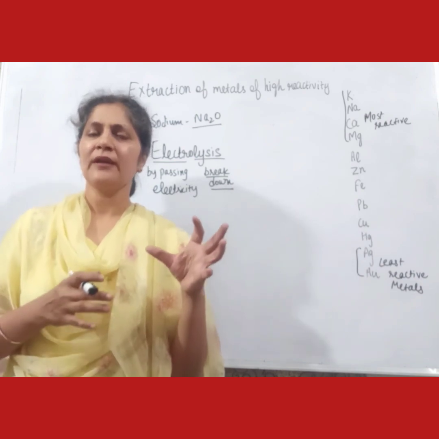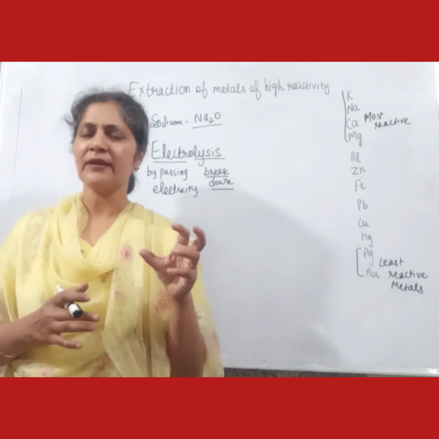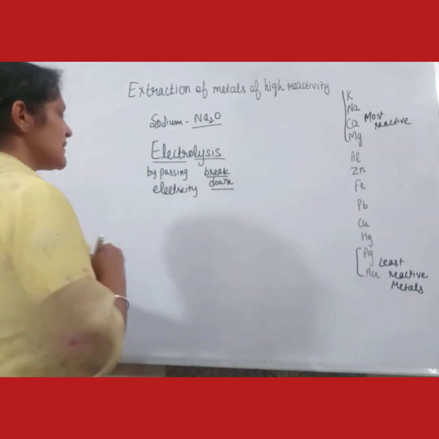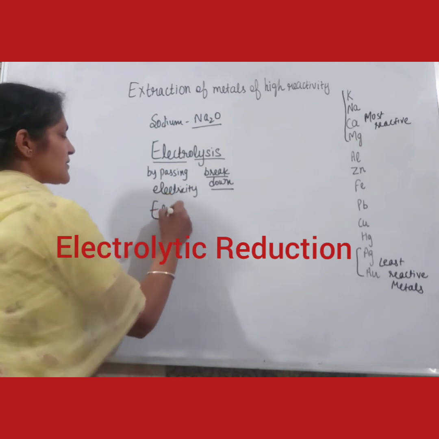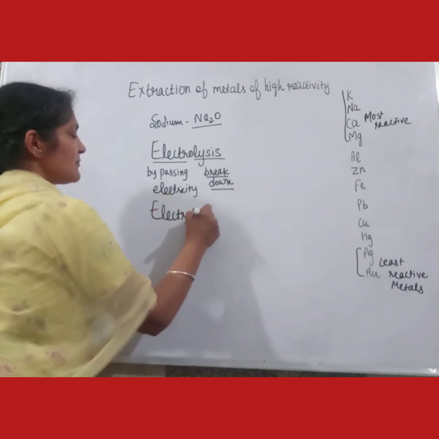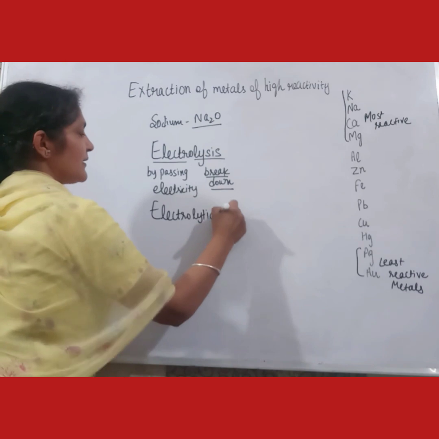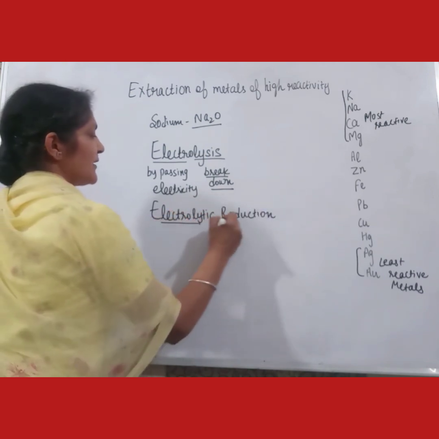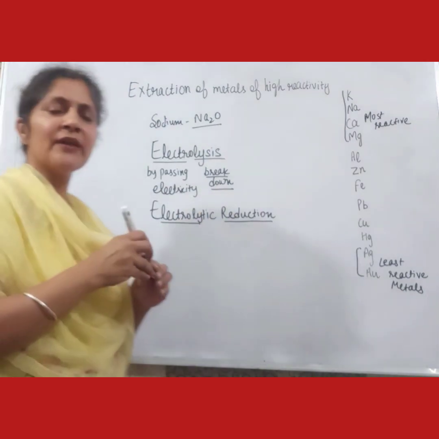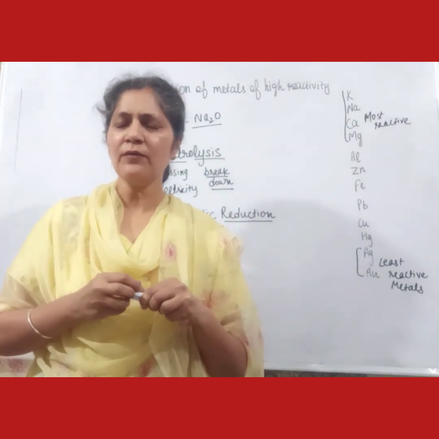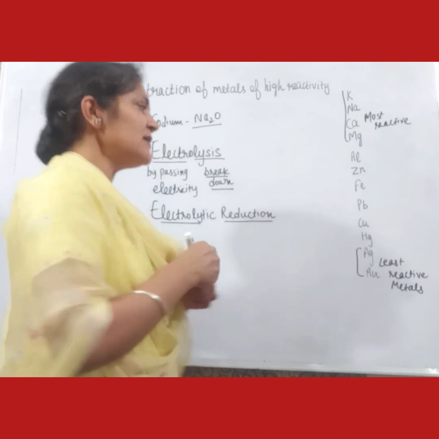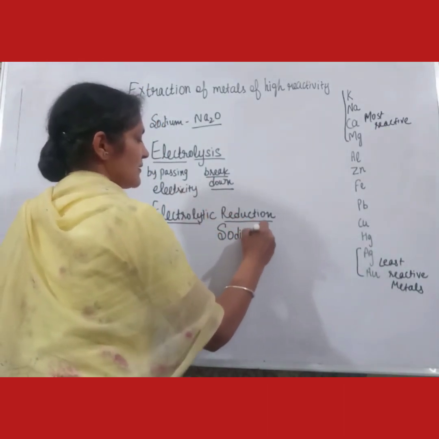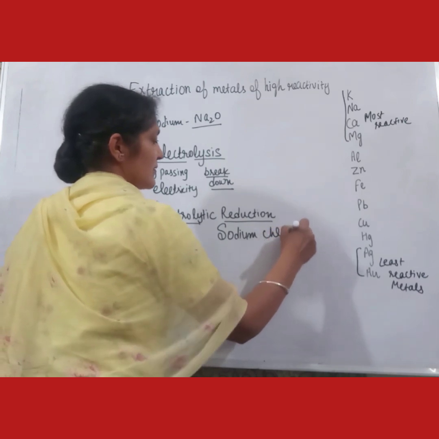Now when we extract the metals of high reactivity by passing electricity, this is known as electrolytic reduction. Why? We can take the example of one compound, sodium chloride.